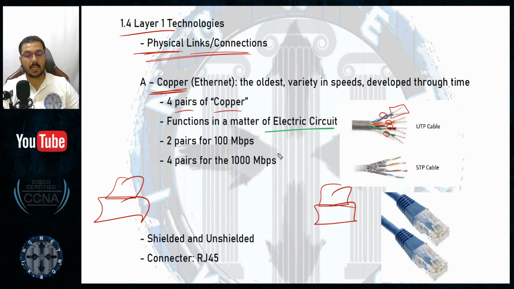So I need a closed circuit of electricity to start sending the bits, the ones and zeros, throughout these cables. So I will connect a cable, but this is one cable, and I will extend another. In that way, I have closed an electric circuit.